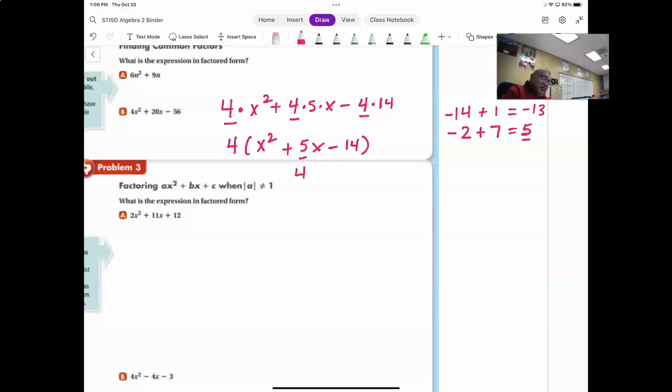So it's going to be 4 parentheses x minus 2 times x plus 7. So we just factored x squared plus 5x minus 14. So it's going to be 4 times x minus 2 times x plus 7.